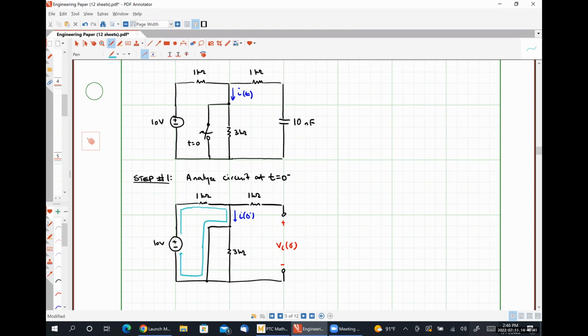So I would argue, based on our qualitative analysis here, that I of 0 minus is 10 volts over 1 kilo ohm, which is 10 milliamps of current.